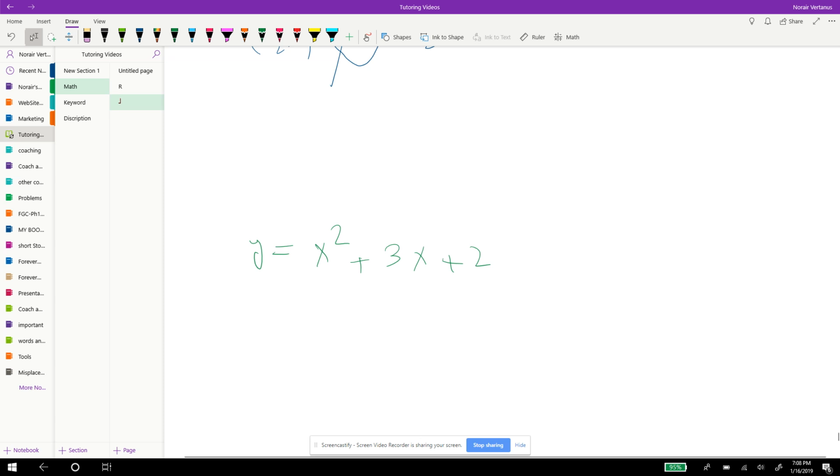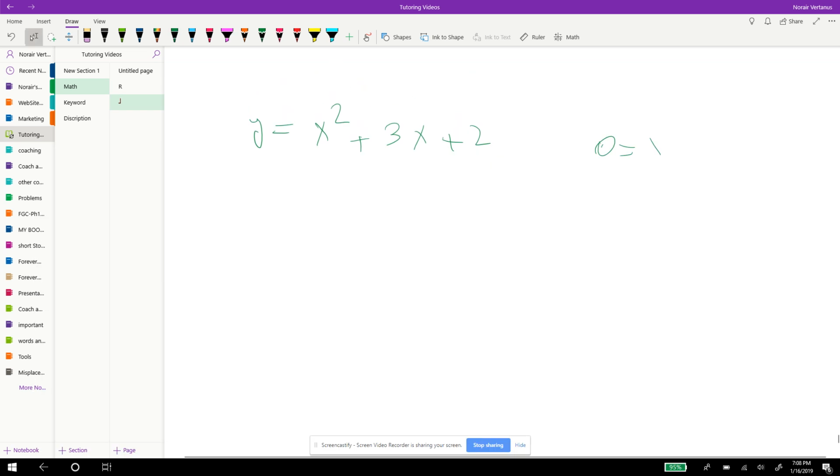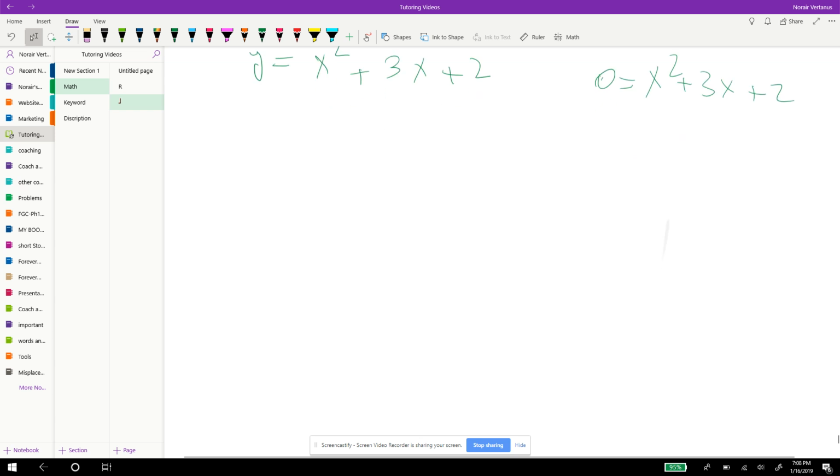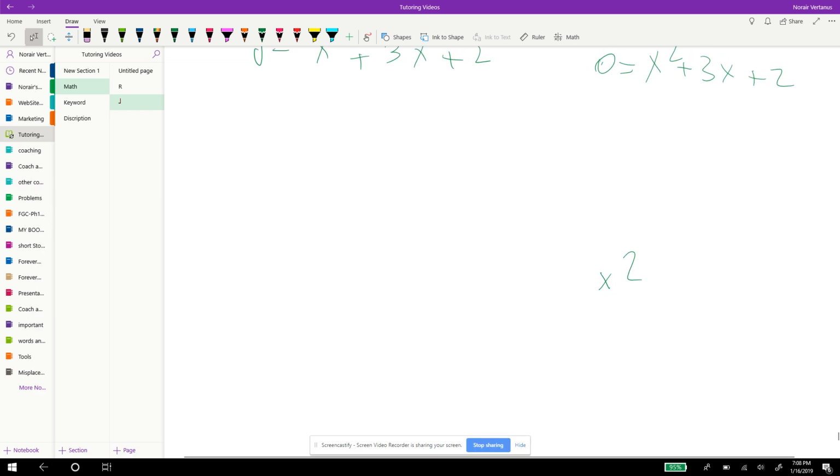And even before that, you had 0 equal to x squared plus 3x plus 2. And even before that, you didn't have an equation, you had just an expression, like this: x squared plus 3x plus 2. All of these are related.